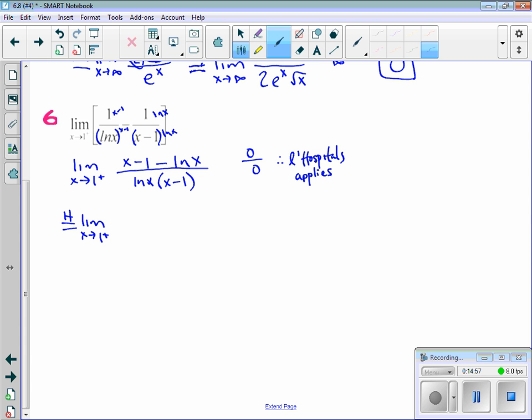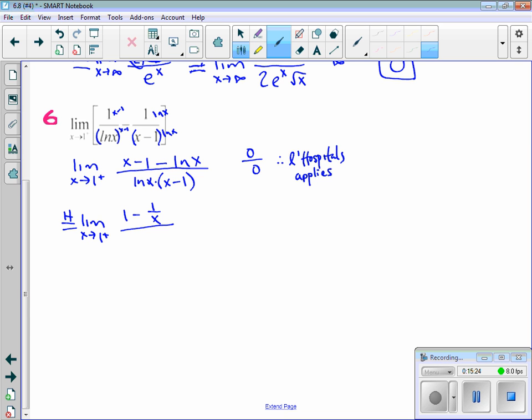So what is the derivative on the top there? One minus 1 over x sounds good to me. And the denominator? That's part of it. Okay, so what do I have to use in the denominator?